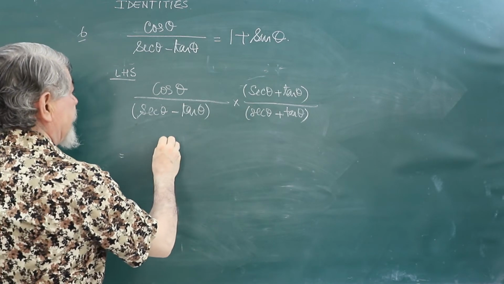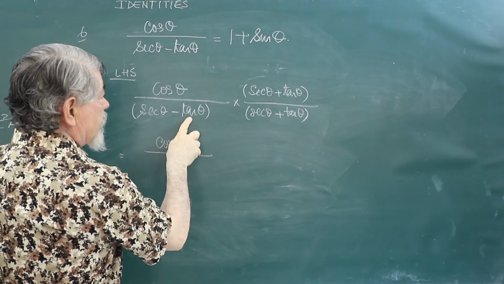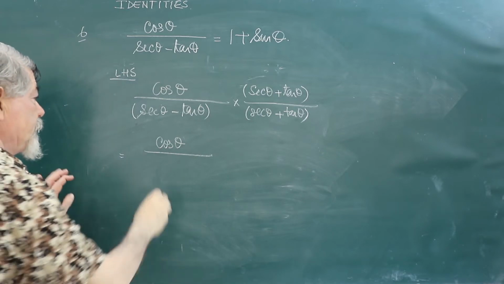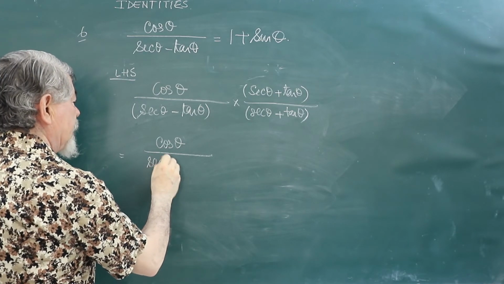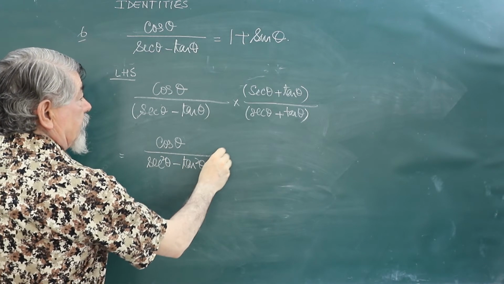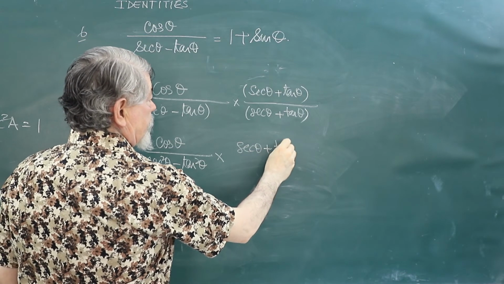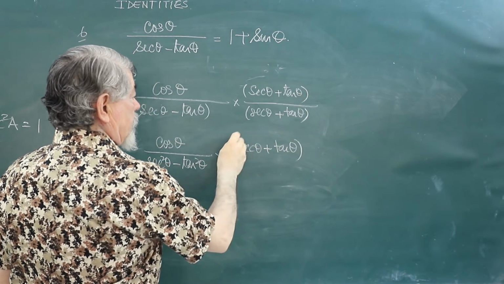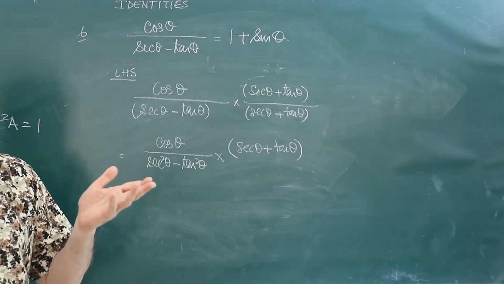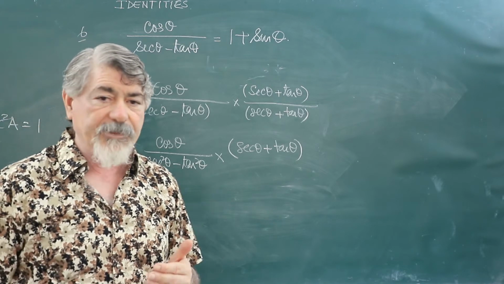Now what will we get? Cos theta. In the denominator, a minus b into a plus b will give you a square minus b square. That will give you sec square theta minus tan square theta, into sec theta plus tan theta. So what have we achieved? We have removed the denominator, because sec square theta minus tan square theta will be 1, we know that.